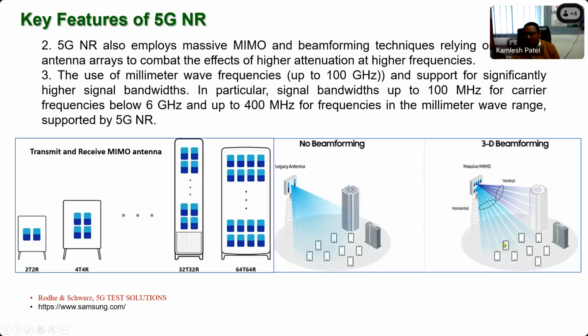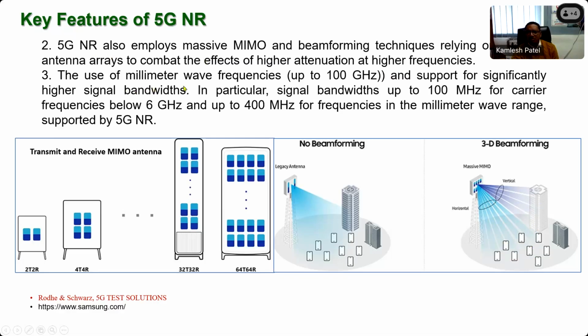In this other case, since the user is in the open air, the signal does not require much strength. So we can distinguish the signal strength required depending on the situation or the location of the user. That is the advantage of 3D beamforming, which is implemented in 5G NR.